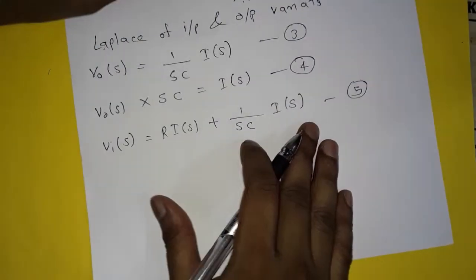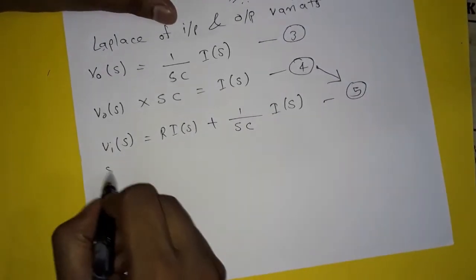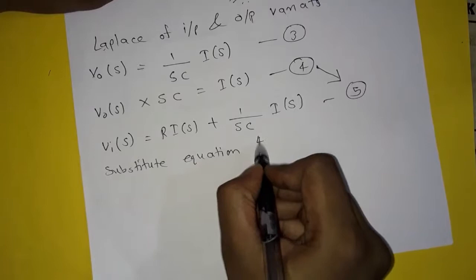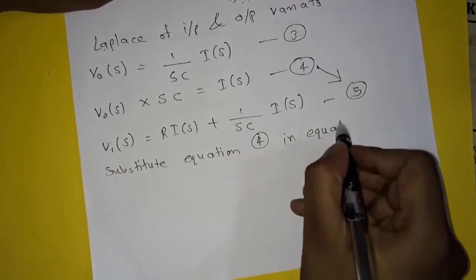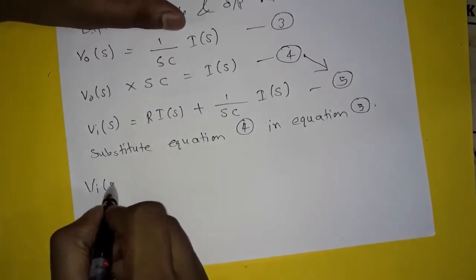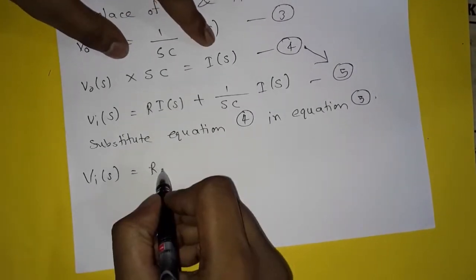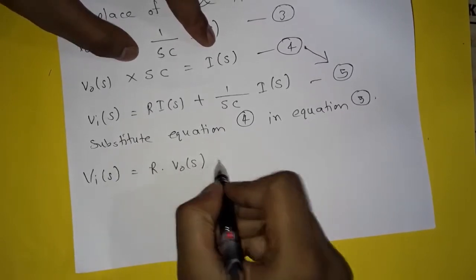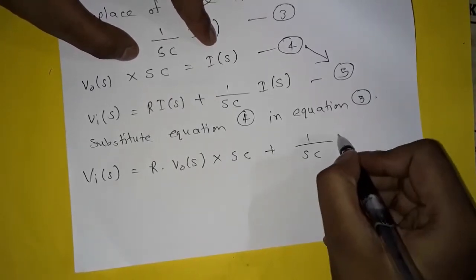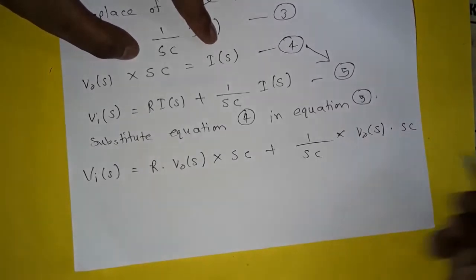Now substitute equation 4 in equation 5. Therefore, we will get Vi of s is equal to R into Vo of s into sC plus 1 upon sC into Vo of s into sC.